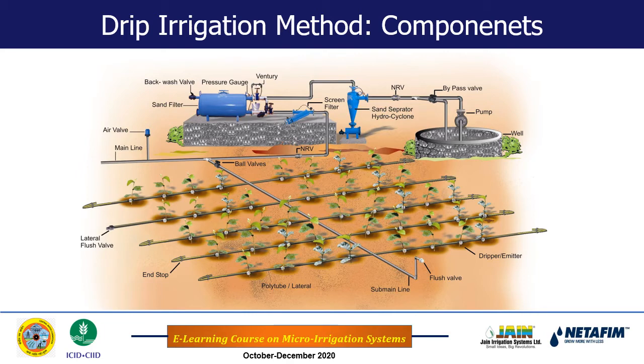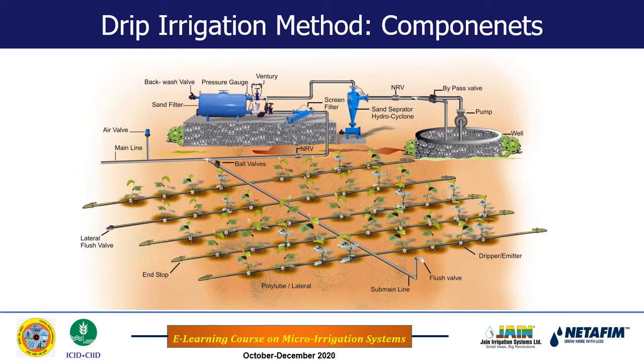Then from the main pipeline, this water goes to the device which is called the sand separator or hydrocyclone filter. So water is being lifted from the water source by the pump, but excess water is diverted back into the water source, and the desired amount of water is passed through the filter, called the sand separator or hydrocyclone filter.